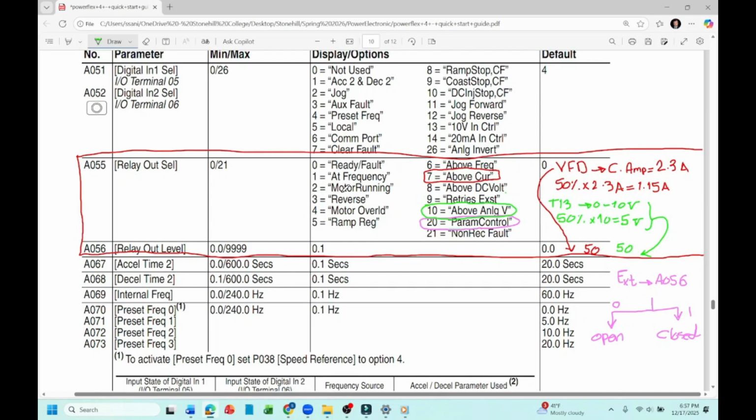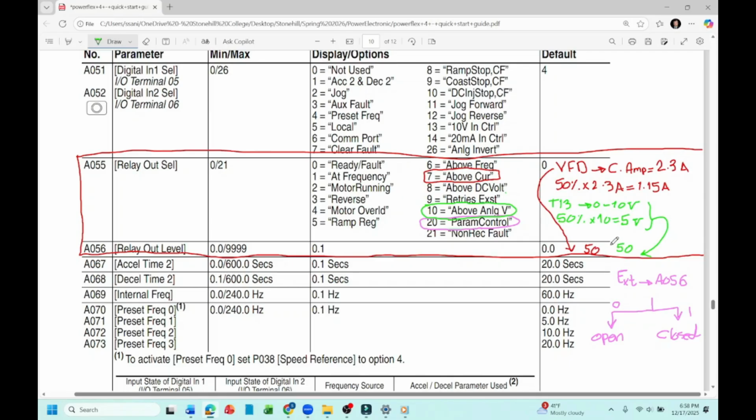If I put A055 on 10 and in A56, for example, I give 50, it means 50% of that 10 volts, which is 5 volts. So if the terminal 13 voltage is over 5 volts, the trigger should be there and the lamp is on. If it's less than 5, it should be off or there is no trigger.